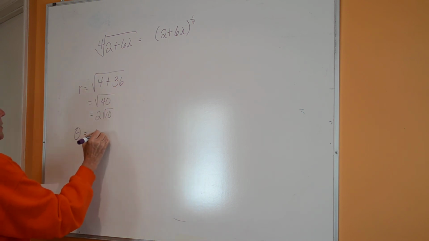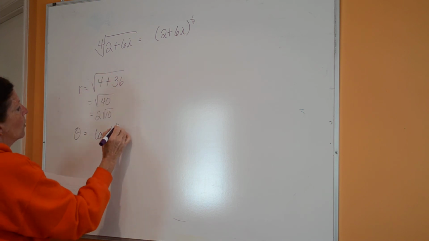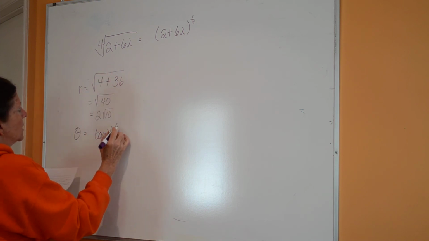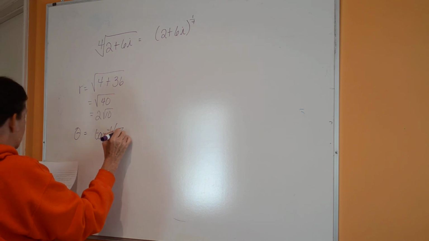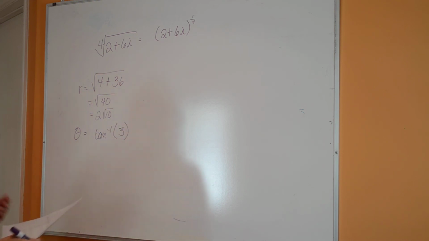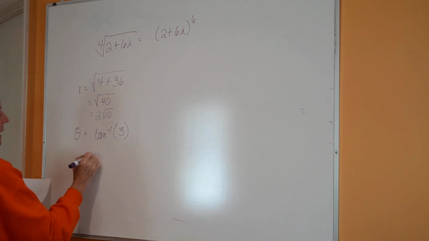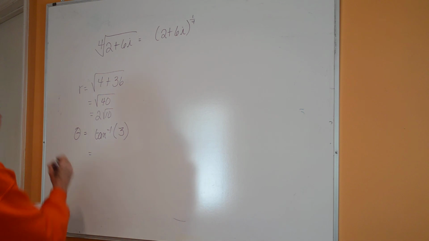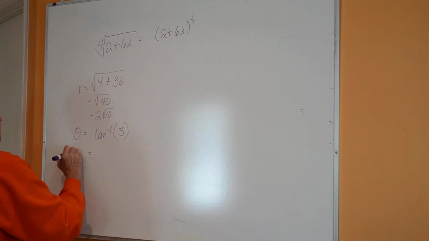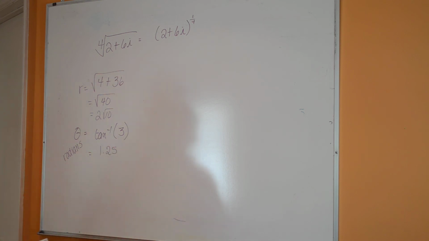So it's the inverse tangent of 6/2, which is 3. So I have the inverse tangent of 3. I don't know that on the unit circle, so I can do it on my calculator, but I need to be in radians. And it's going to give me a value of 1.25, which is something that we can definitely work with.